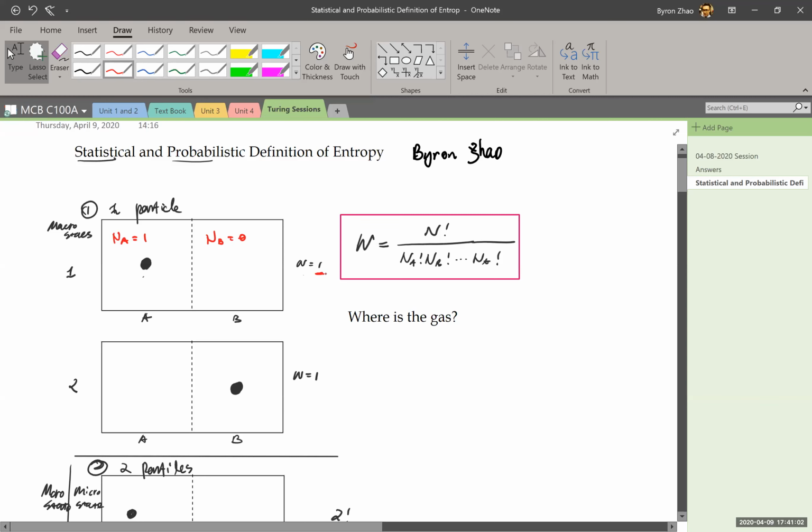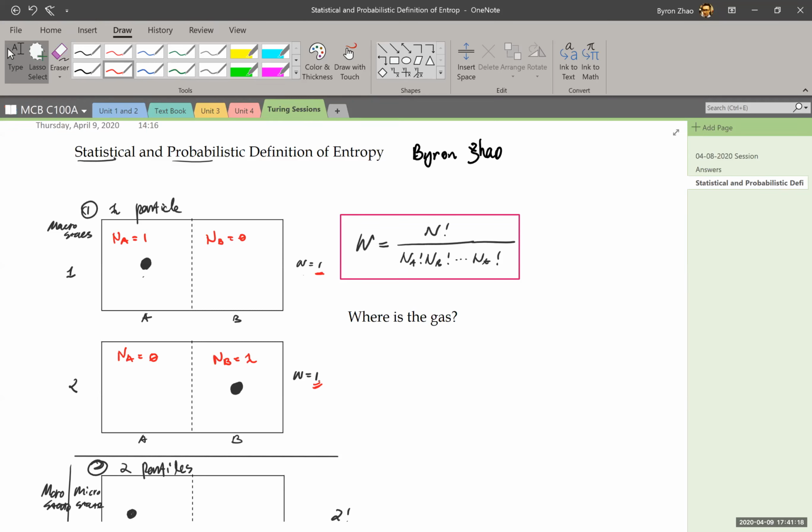And if we do the same thing for the second box, now we don't have any A-type molecule, and we have 1 B-type molecule. If we calculate the multiplicity for this macro state, it is also 1. So we come to the conclusion that these two macro states are equally likely to occur.